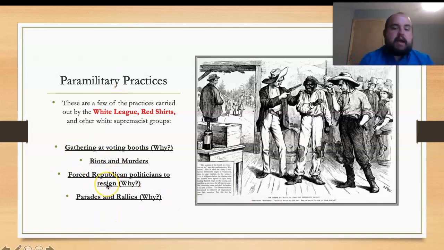Also, parades and rallies were very common with these groups as well. Why would that be so important for them? And again, to maybe help make that question make a bit more sense, I'll give you an analogy for the Nazis again. Why did the Nazis and other dictatorships do parades so often? Pause for the readers at home.